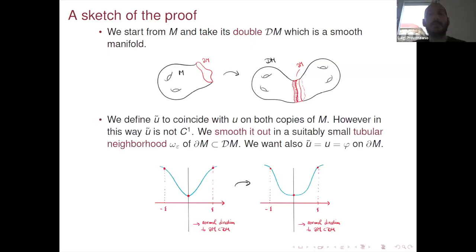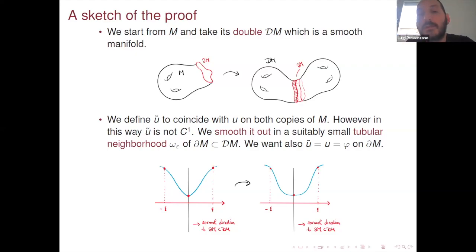Okay, now that we have produced this double, which is a standard construction, we have to extend the function U to this double manifold, of course, to a function U tilde. If you just extend by taking U also in the other copy of M, you obtain a continuous function, which is, of course, not differentiable at the gluing, clearly.